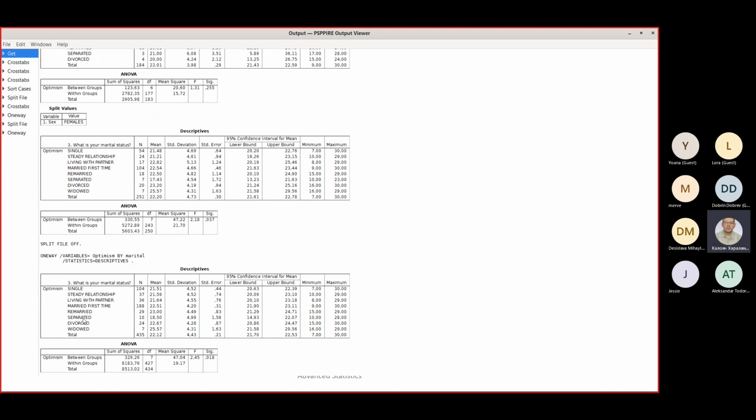And also in the group separate, average score is lowest. So without are most optimistic and separated are less optimistic.